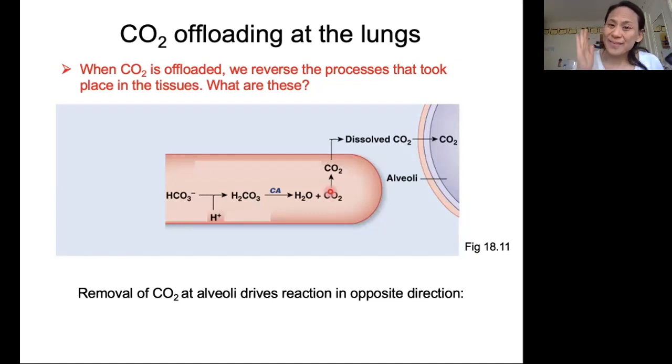This is how we're going to remove CO2 from our lungs. We remove CO2 by breathing it out, but that also pulls all of our equilibrium reactions in the opposite direction than what we saw in the previous slide. Let's go over what that is.